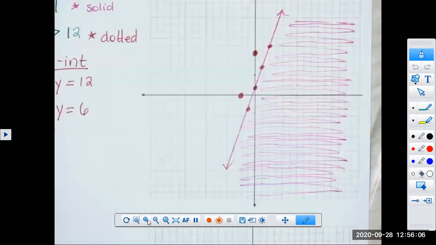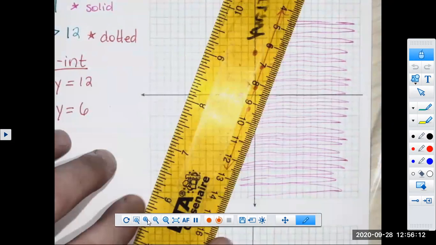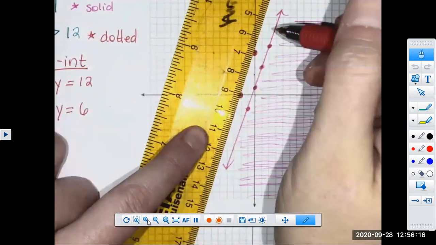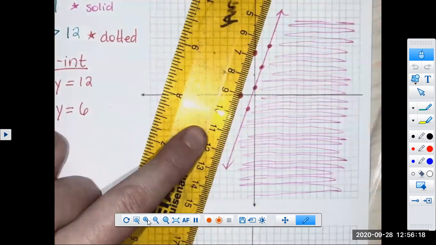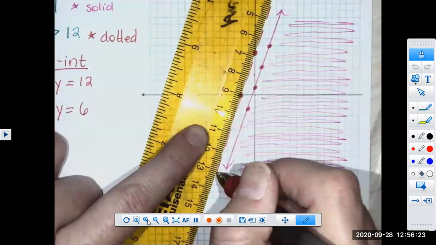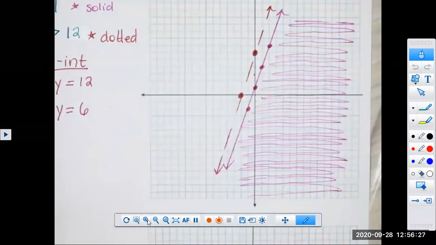Dotted. You have done this in Algebra 1. Probably been a while.